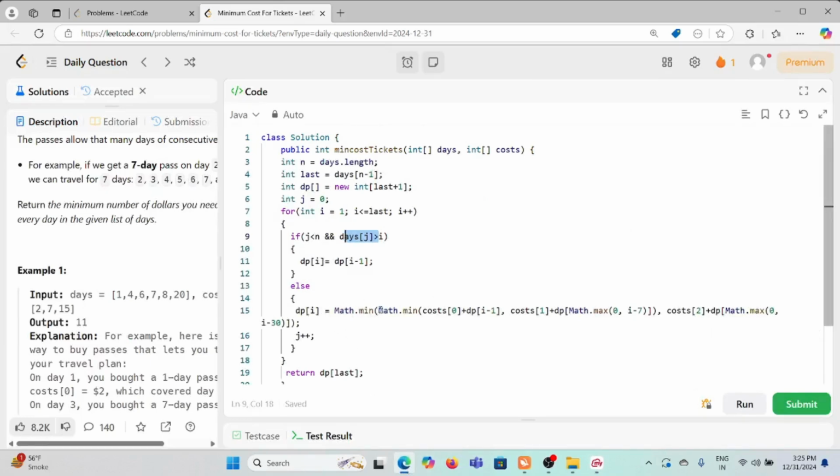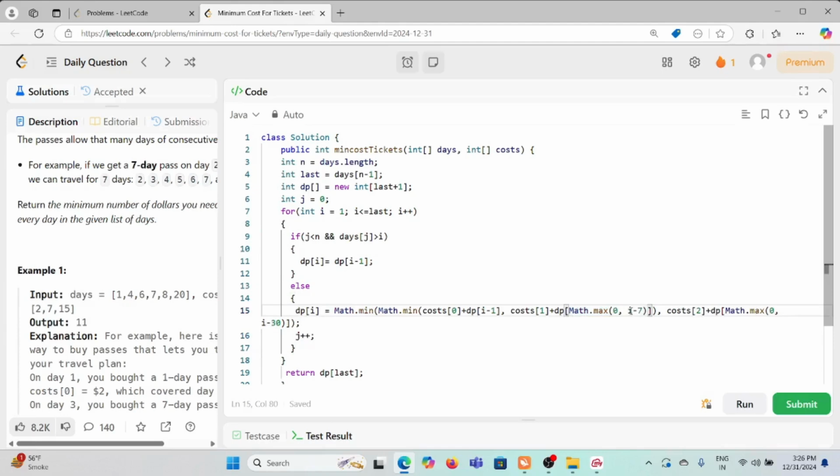So we are using the minimum of cost[0] plus dp[i minus 1] when we pick the daily pass, or we pick the weekly pass, dp[i minus 7] plus cost[1], or we pick the monthly pass, so dp[i minus 30]. Now you can see why I am using Math.max of 0 and i minus 7.